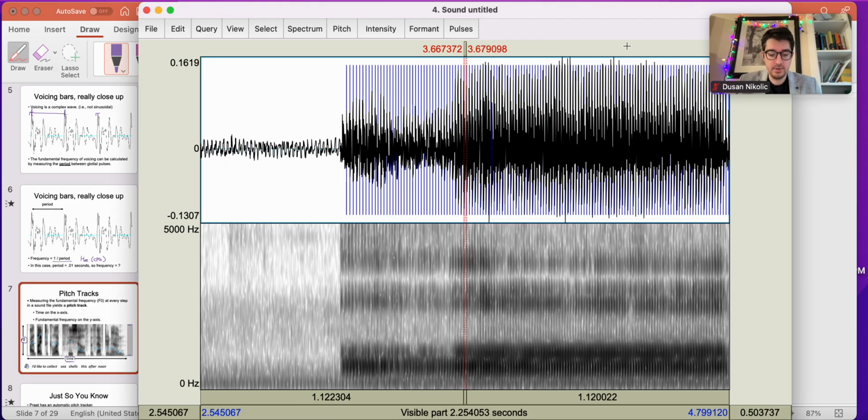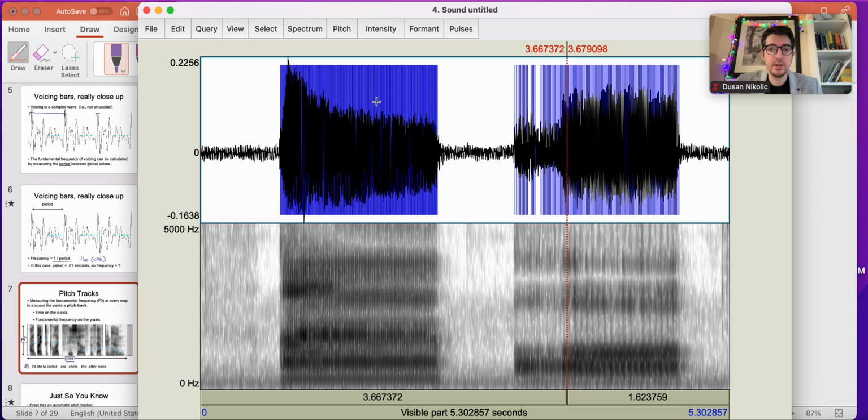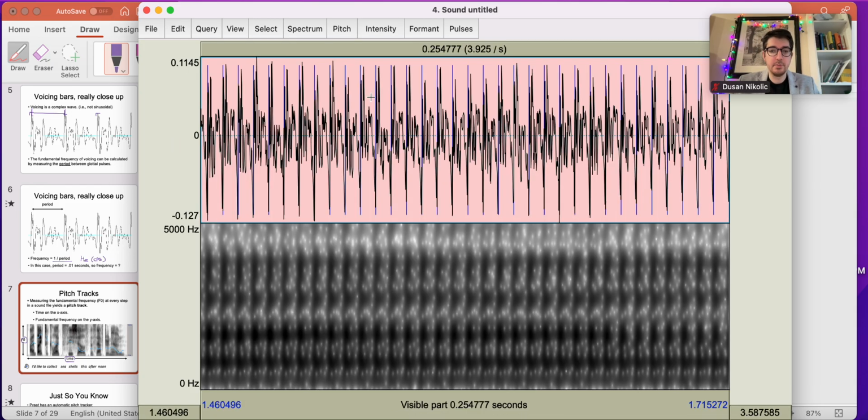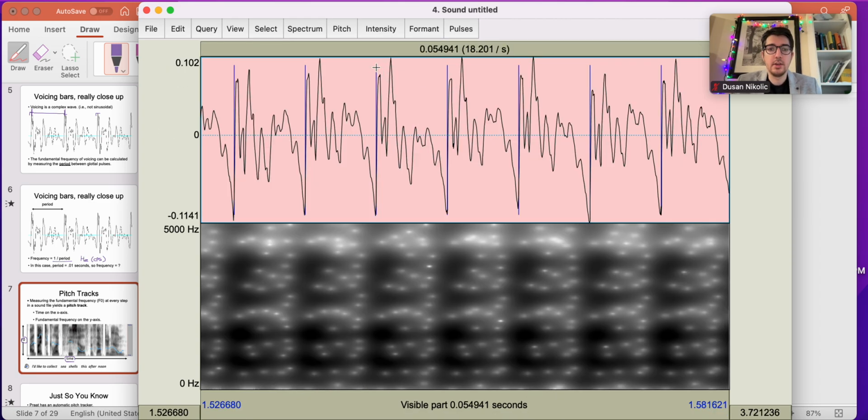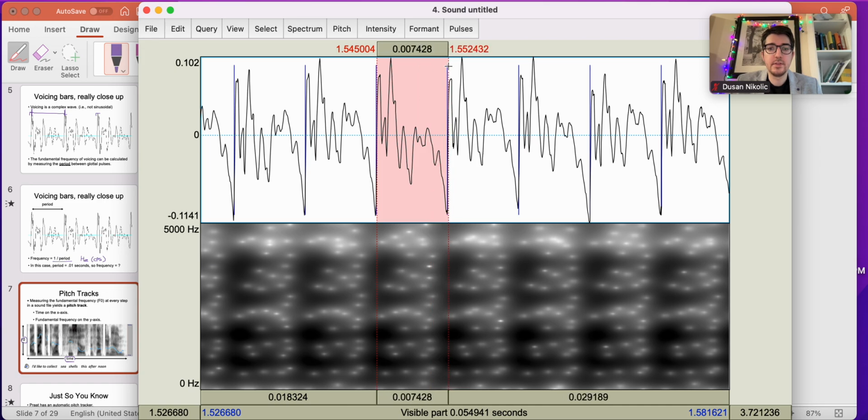All right, let me do the same for this one here. I'll grab something in the middle. Okay, the pulses here are not most precise, 0.007, which will mean for me, okay, I lost the calculator again and I need it.